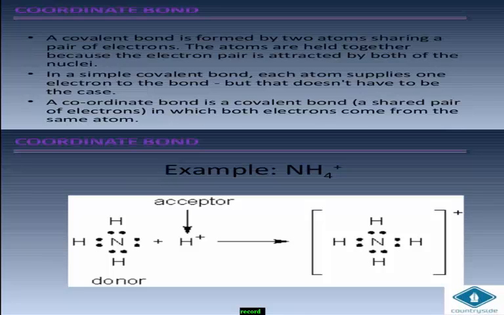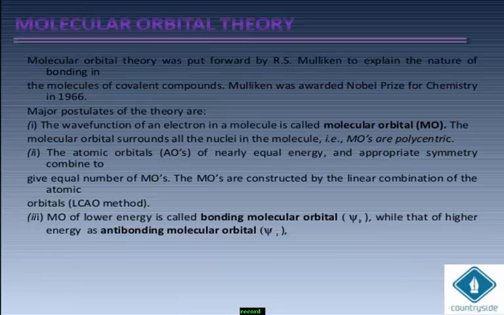Right, among the bonds present between the nitrogen and hydrogen atoms, one of the bonds is a coordinate or dative bond.